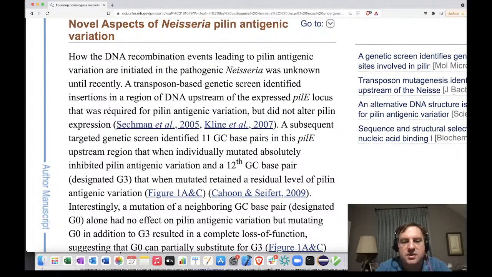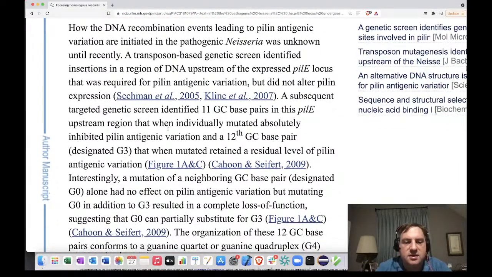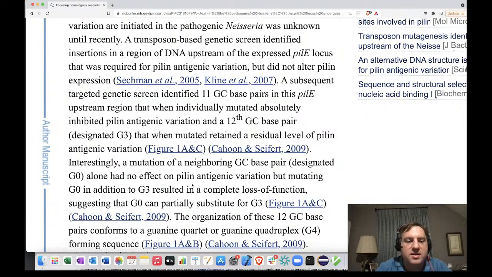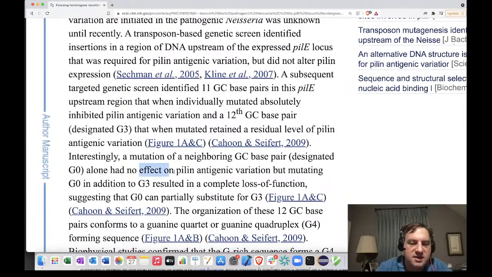So another thing that's really interesting is that in this section they talk about it actually requires very specific recognition sites to show it where to do the modification. The way that it says is what the effect is on pilin antigenic variation. Okay, so what they're meaning is that directed mutation does not happen.